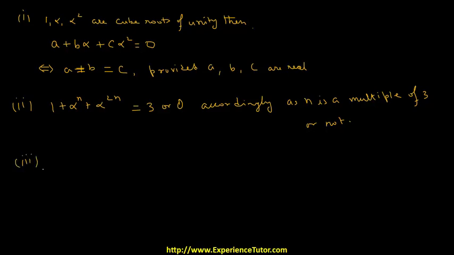Third property: alpha 3m plus alpha 3m plus 1 plus alpha 3m plus 2 is equal to 0.